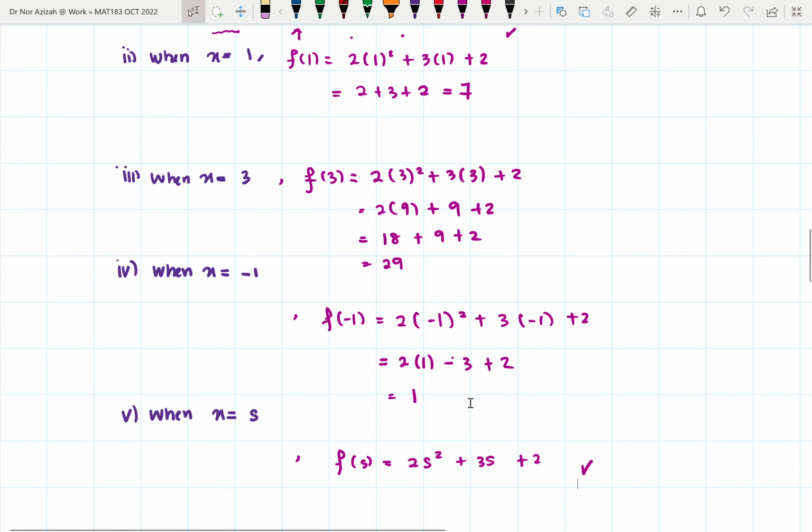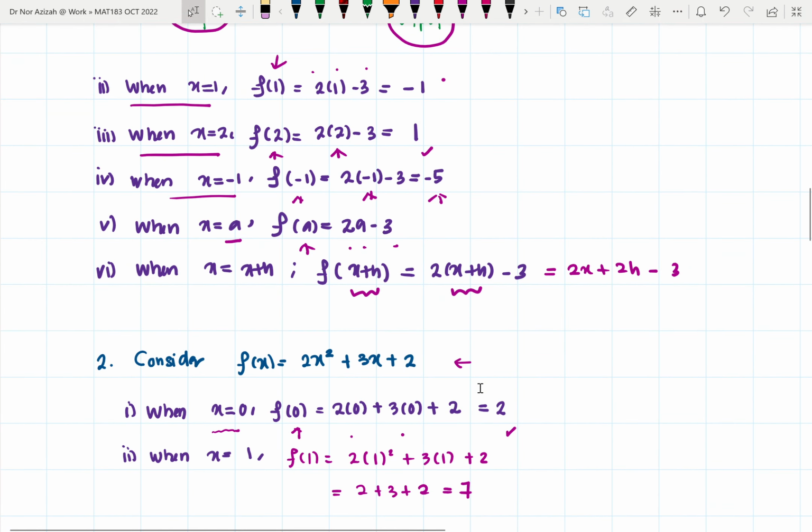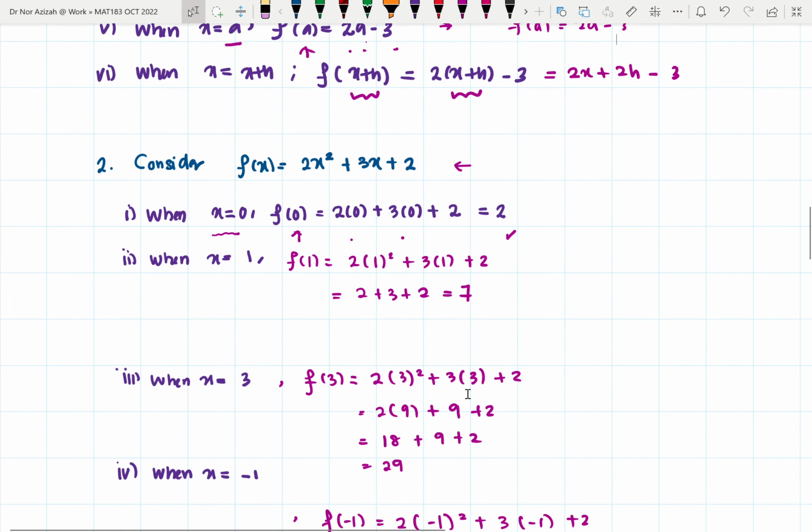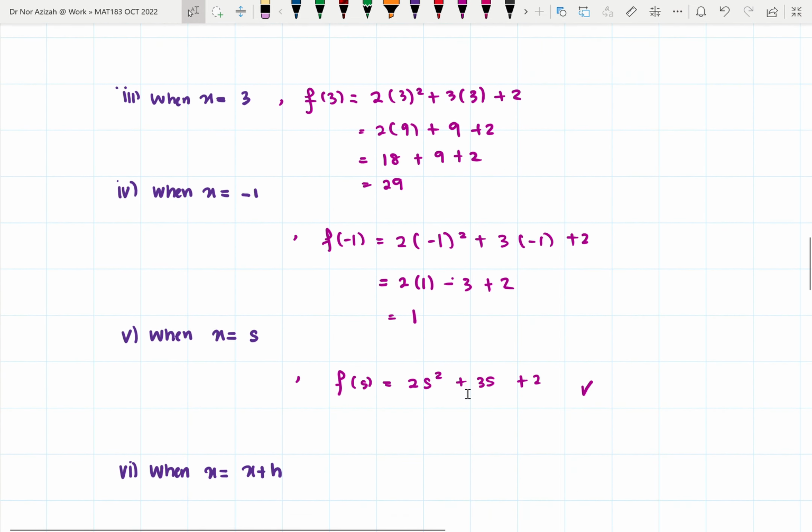Before that, I think I pronounced a here as x. So by right, this one is f of a equals 2a squared plus 3a plus 2. Okay, so next, the third example.